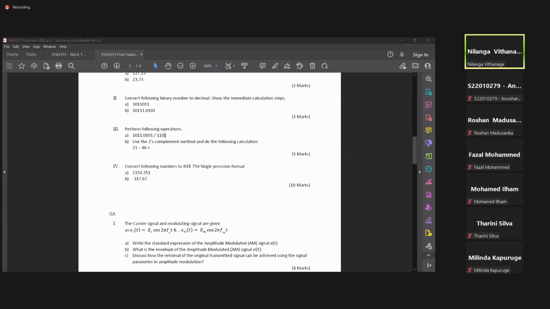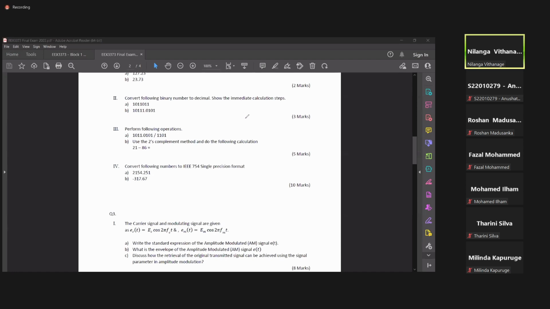Yeah, perform this operation, right? So this is the division. For division, we are using the same method as decimal division, but since these binary numbers are new to you, you may find it a little bit difficult.